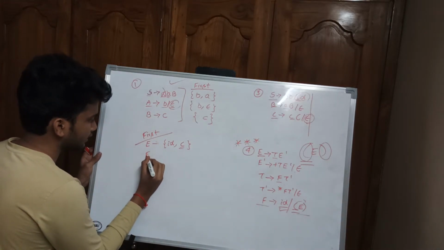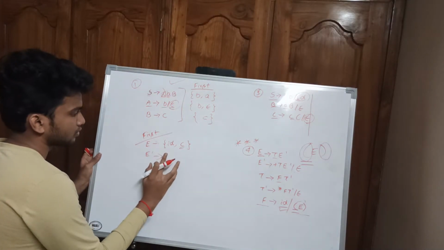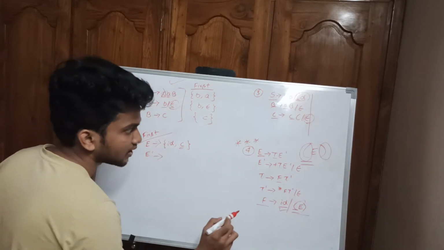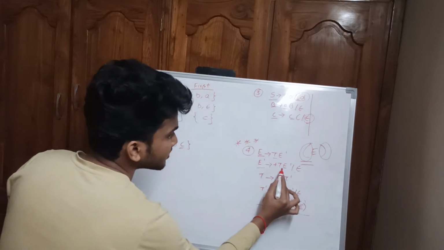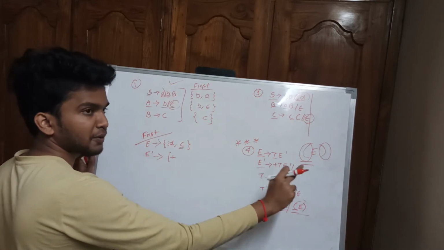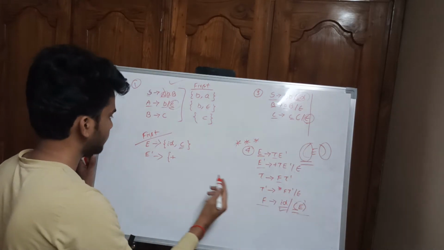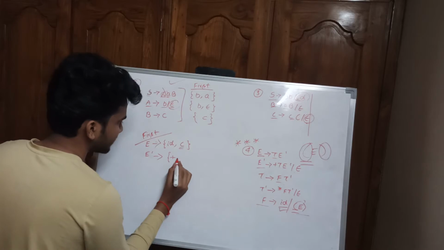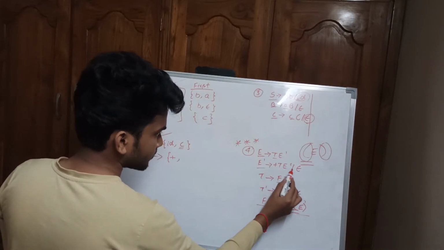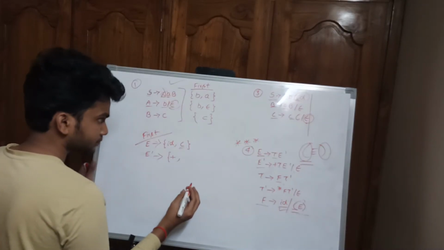Now coming to E dash. Don't consider this as a production, I'm just doing it like this for timing. E dash, and the First of E dash is here the plus symbol we are having, an operator, that is a symbol, and a terminal, consider it. And still, it can generate epsilon.